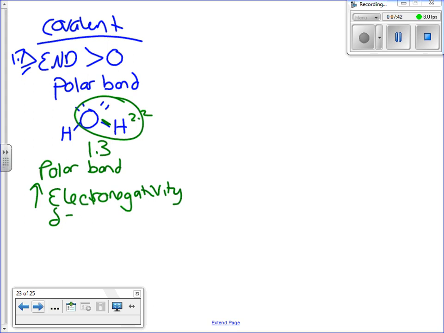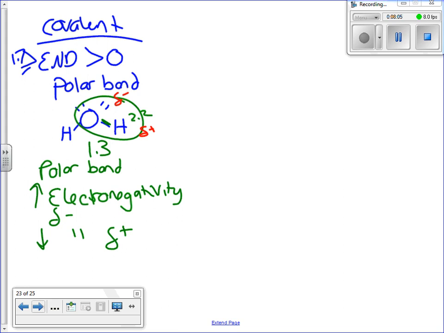That partial delta means partially negative. If it has a lower one, it becomes partially positive, okay? So here, oxygen, I'll write this in red so you can see it, is partially negative because it's stronger, and hydrogen becomes partially positive, okay?